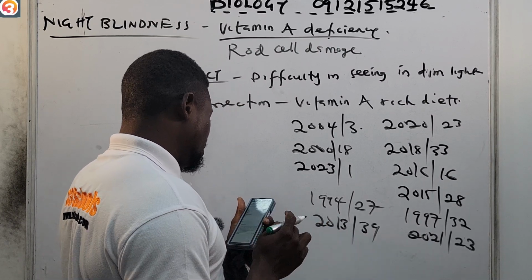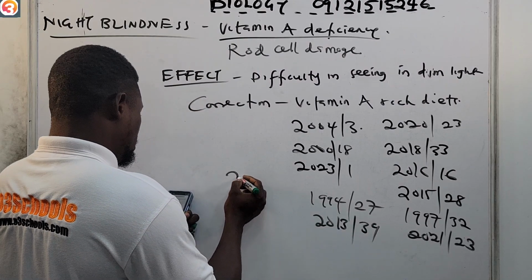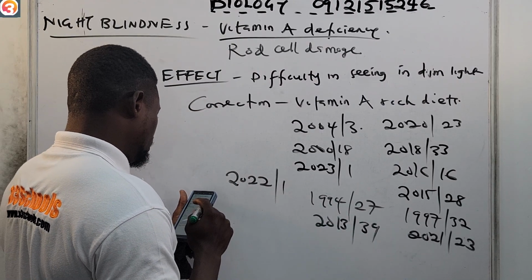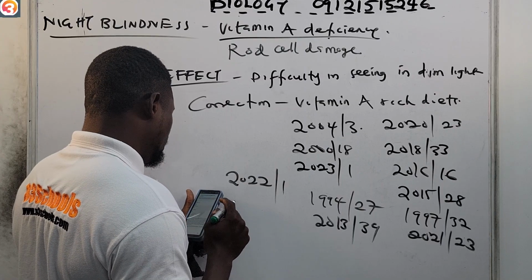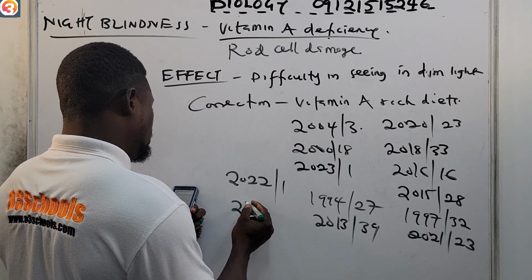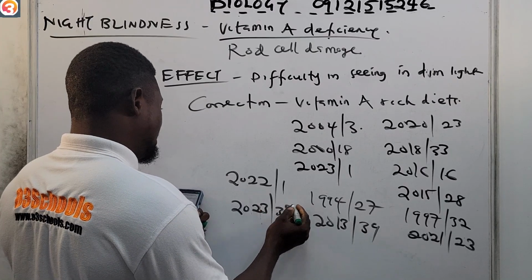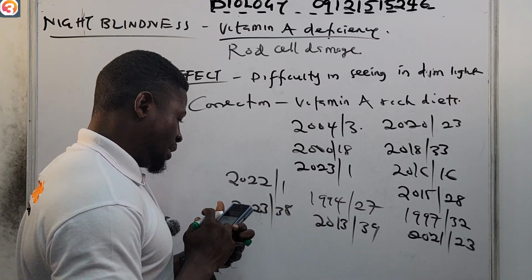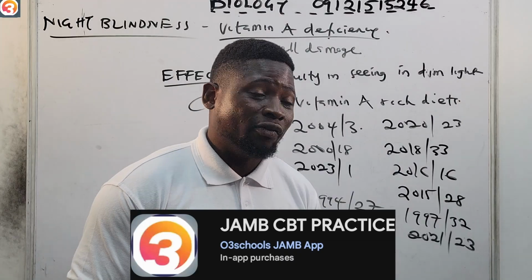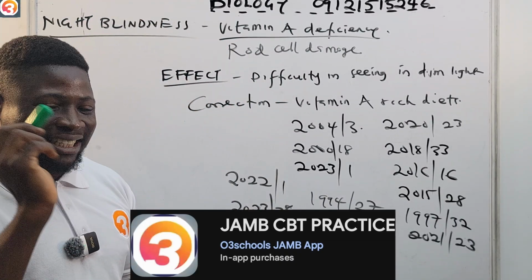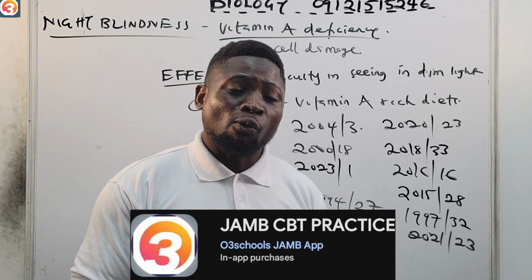All of these are your assignments. I want to see the answers in the comment section. Look for 2022 number 1. Then look for 2023 number 38. I think we're done there. So look for all of these, answer all of them, and put all the answers in the comment section. I want to see how well you are following.